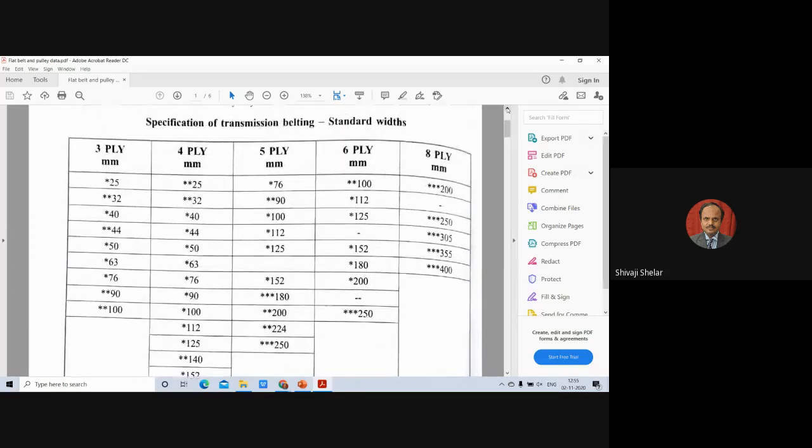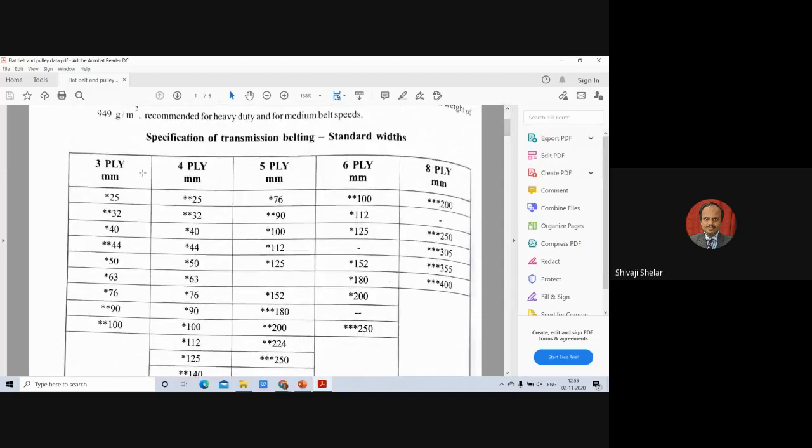Now, if you see here, there are a number of plies: 3-ply system, 4-ply system, 5-ply system, 6-ply system, 8-ply system. Now, you require a width around 650 if you use single ply. If I use say 2-ply, then the width will be equal to 300, but in the 3-ply system there is no 200 standard width available.